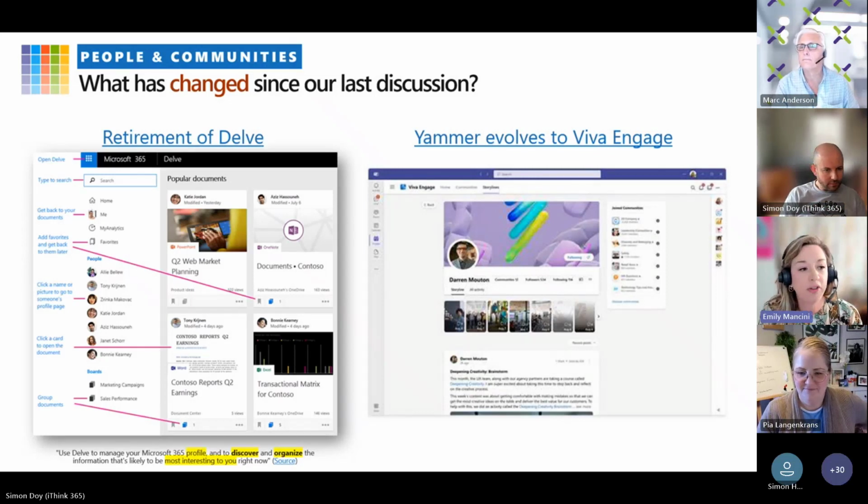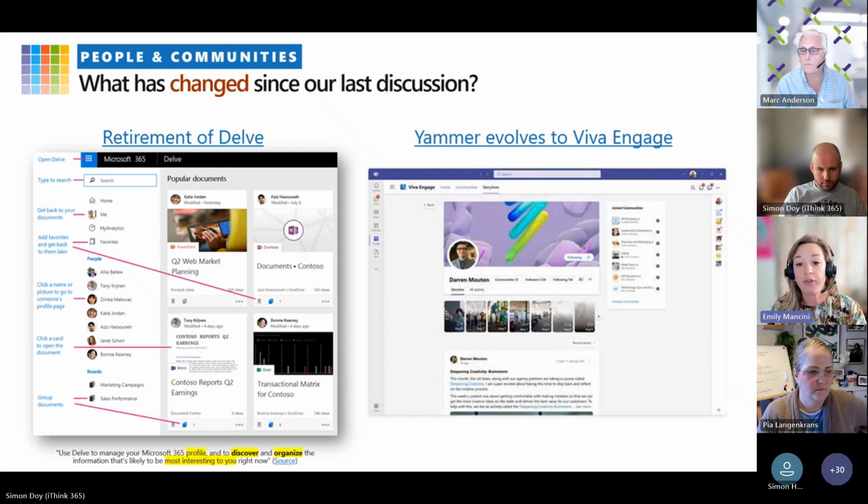One of the first things we're just going to start taking a peek at is what are some of the changes since we last spoke. For people, communities, and staff and training, it was about late 2022 when those articles first came out. And as you know, there's a lot that's been happening in the world of Microsoft 365 since then.